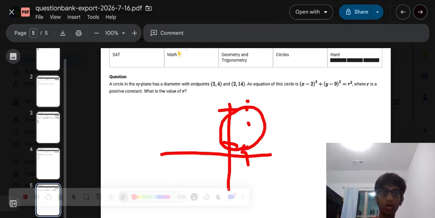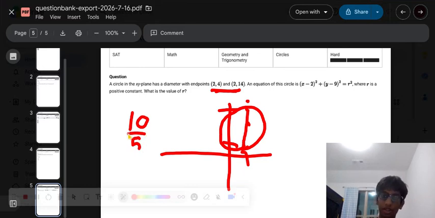Okay, so if we know that this is the diameter, we can just figure out the radius by figuring out the distance between these two points, and then just having that, right? Since they're just a straight line, this makes it super easy, and we can tell that the distance is just 10, and r is just half of that, which is 5, and that would be our answer, of course.